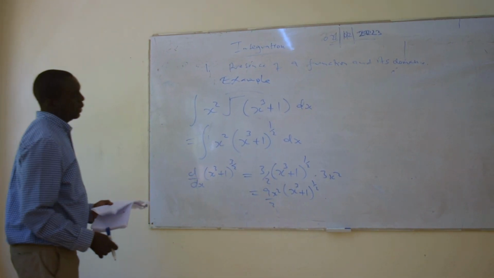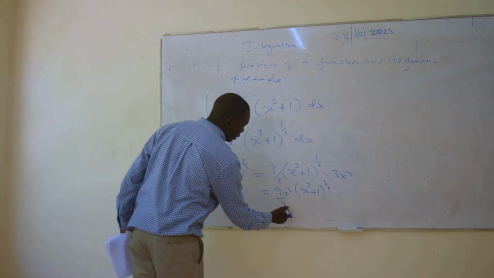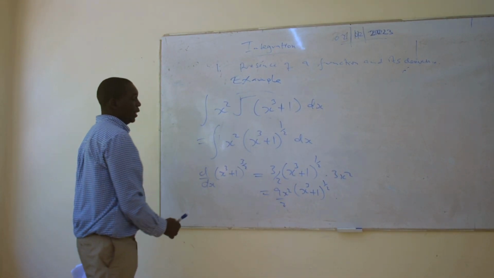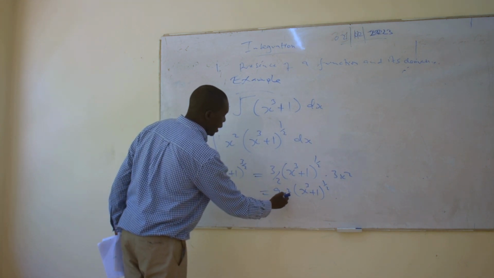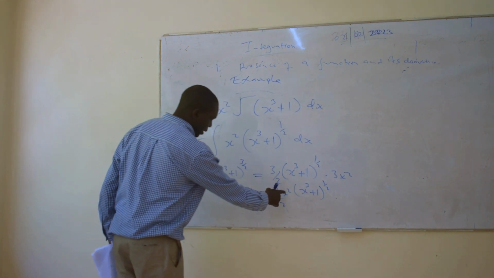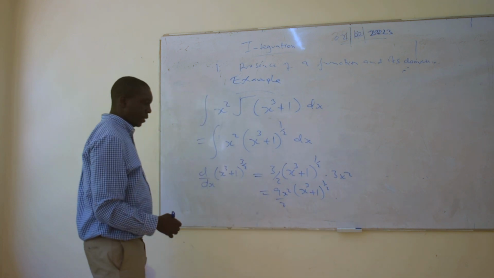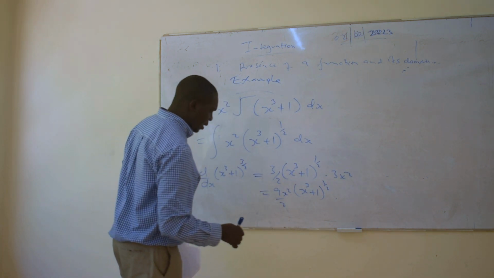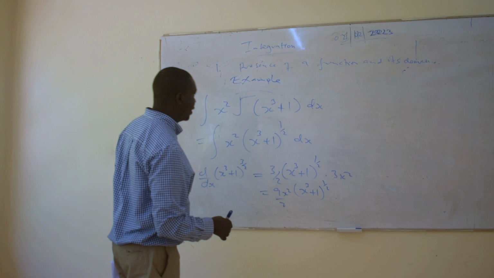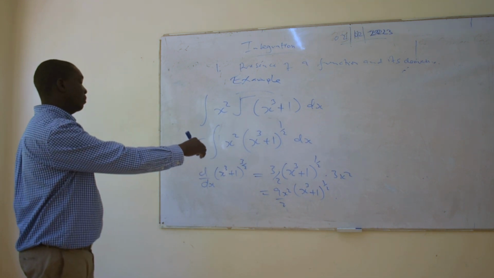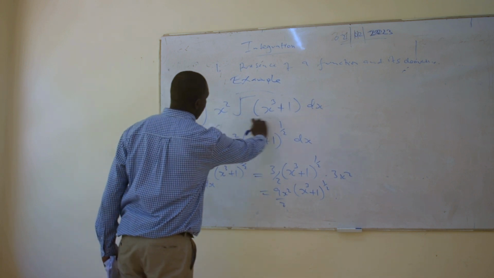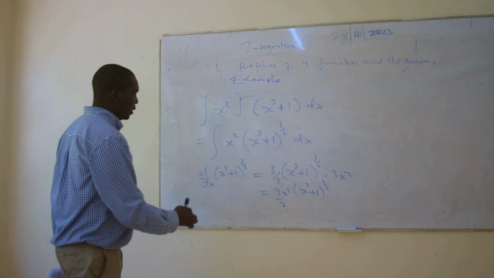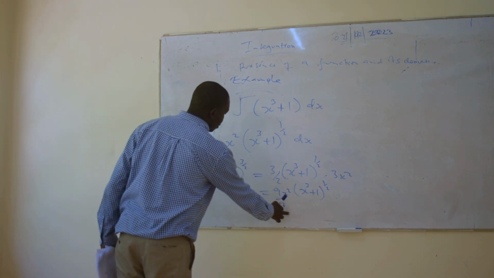Now if you look at the solution to our differentiation here, you find that there is similarity between 9 over 2 x squared in bracket x raised to power 3 plus 1 raised to power half, and the integral term. The only difference is that there is a multiple of 9 over 2.